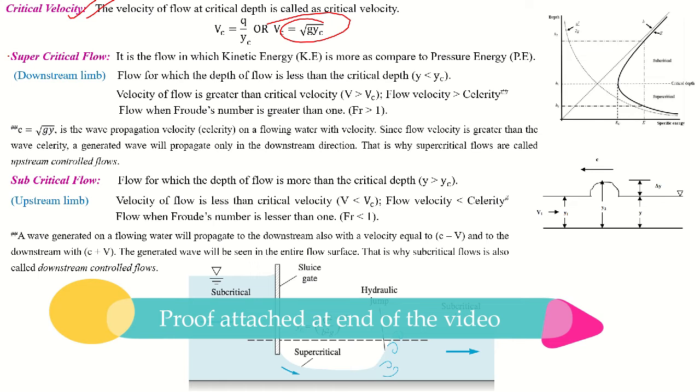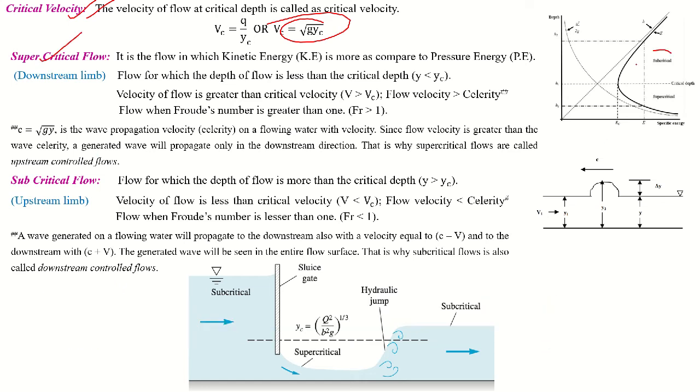The next one is supercritical flow and subcritical flow. The flow above the critical depth is called subcritical flow, and the flow below the critical depth is called supercritical flow. Let us see it in detail. A supercritical section is at the downstream. Here the velocity will be higher because the area is reduced, and water moves from high to low with high speed.